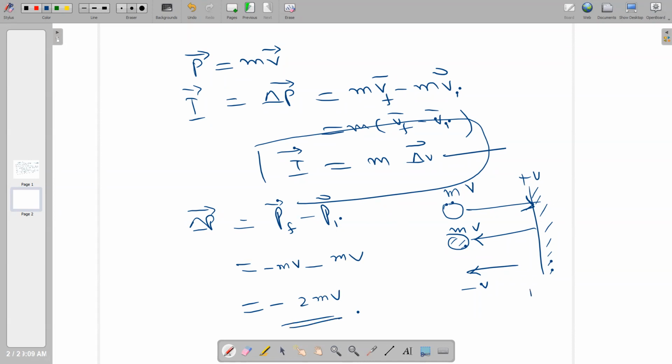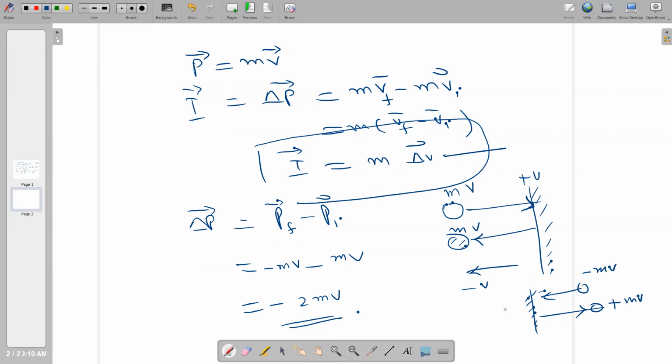But if the wall is on this side and the body is striking here and then moving back, you will write the same equation: final momentum minus initial momentum. So this will be minus mv and this will be plus mv because it is in this direction.